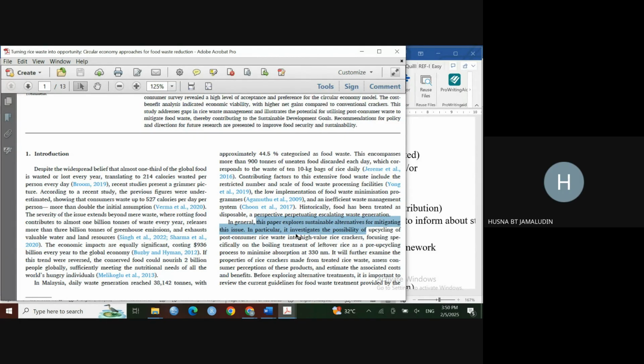Okay, you can have a general objective if you want to. Or you can just straightforwardly list down like the zakat one: I want to find the factors, and so on. So it depends. You can have a straight objective, or you can also have a general and specific objective.